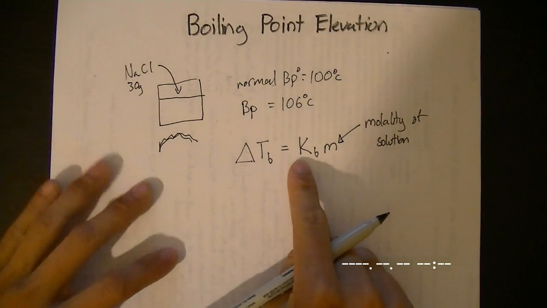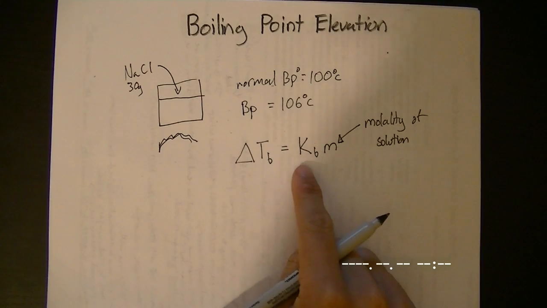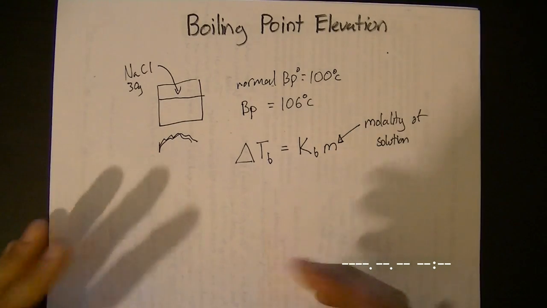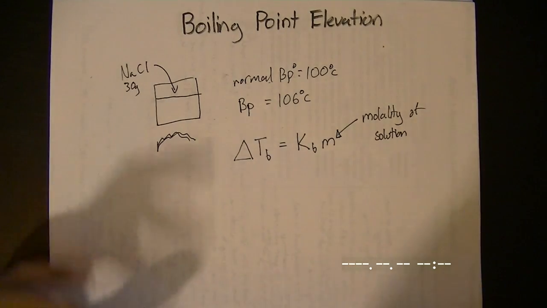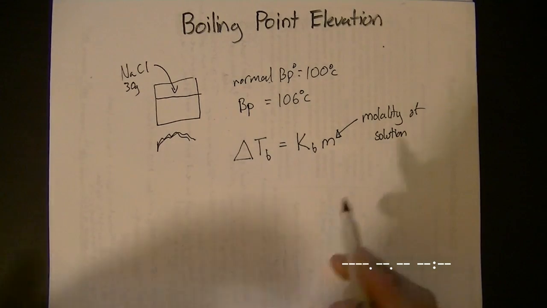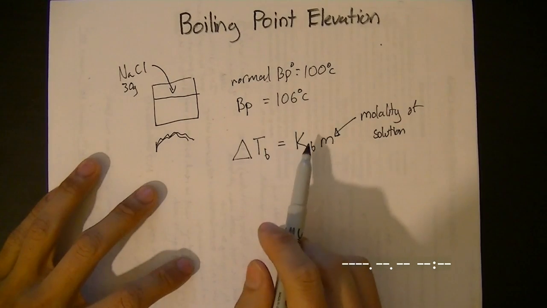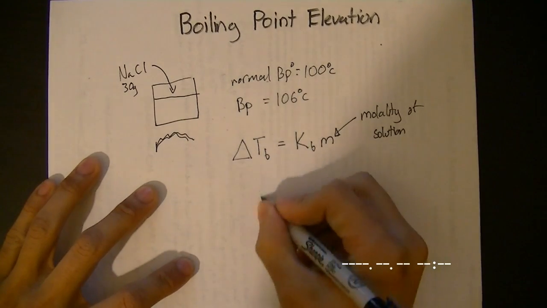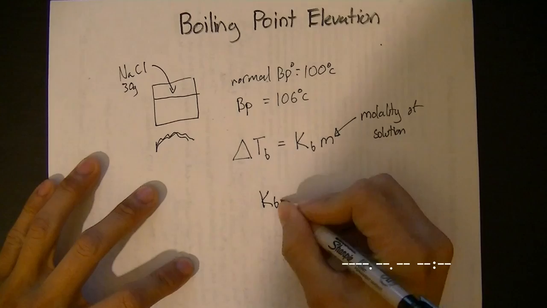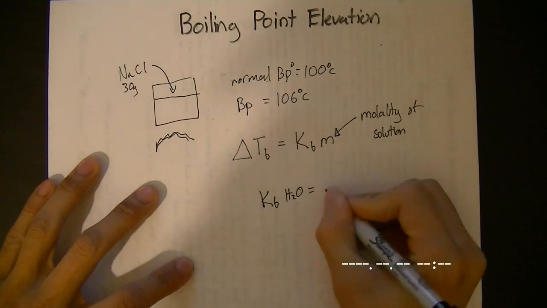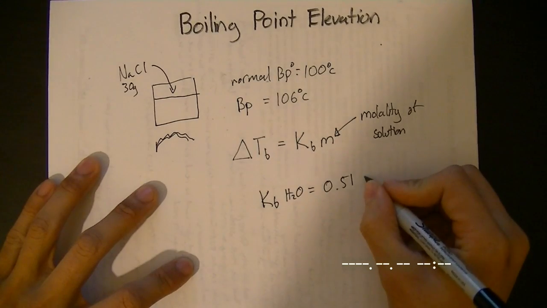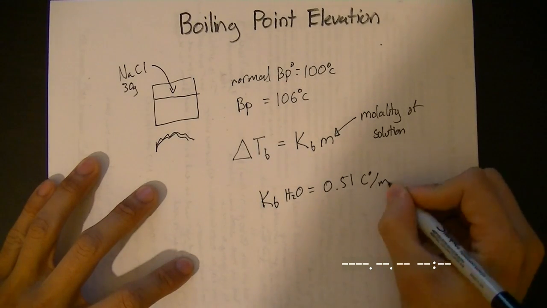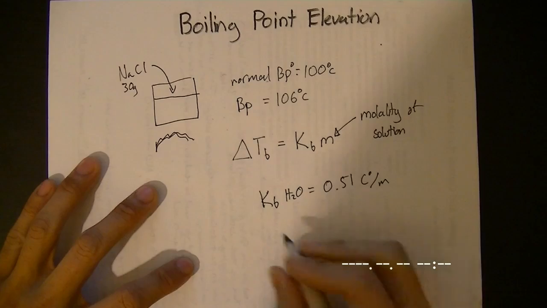And here, this is the molal boiling point elevation constant. There is one for every single type of solvent. For water, the KB for H2O is 0.51. And there are units. It's Celsius per molal.